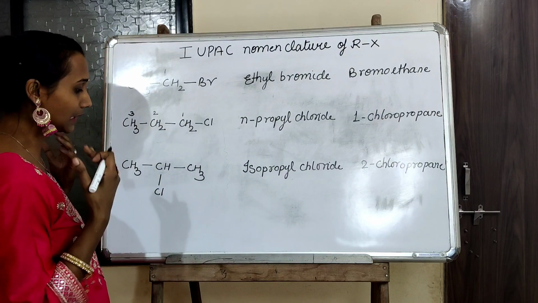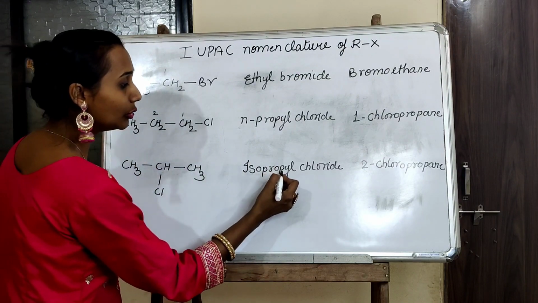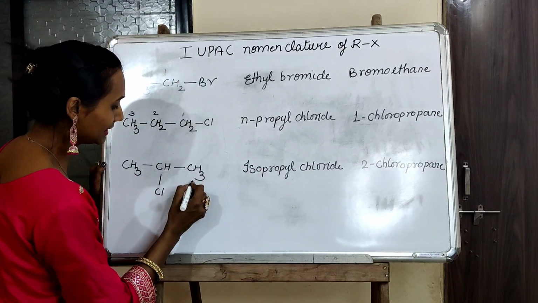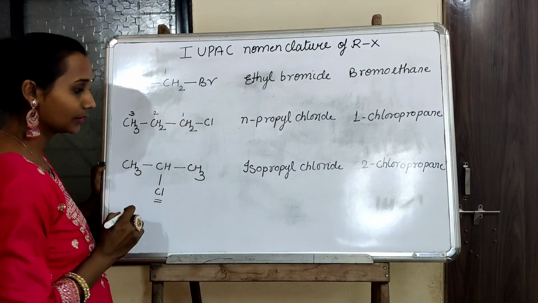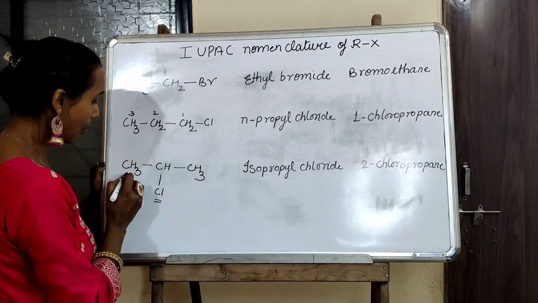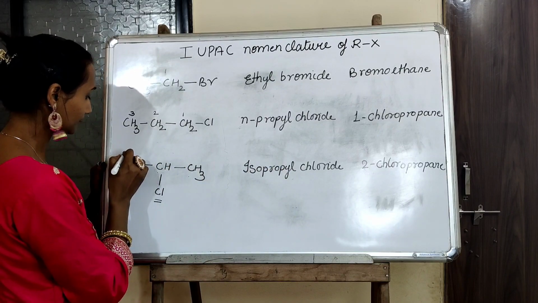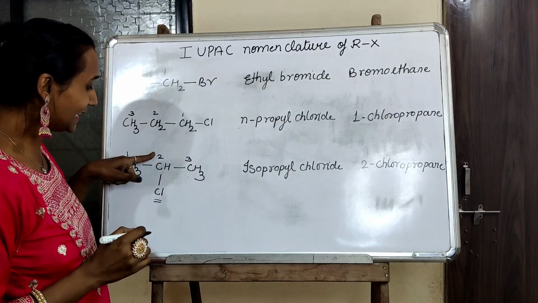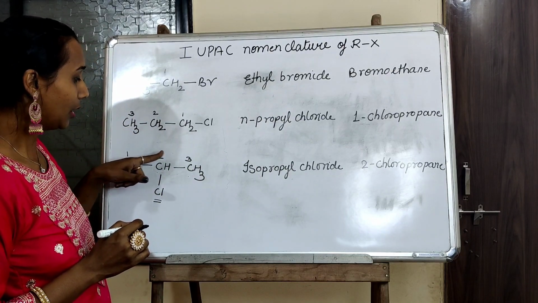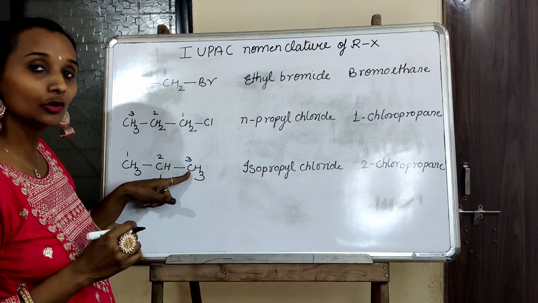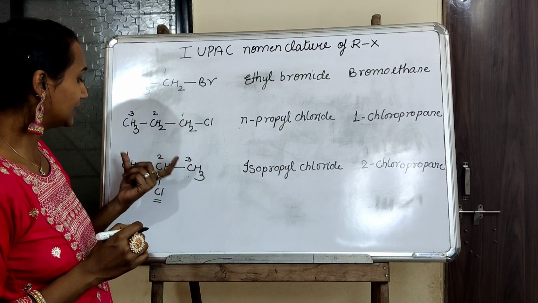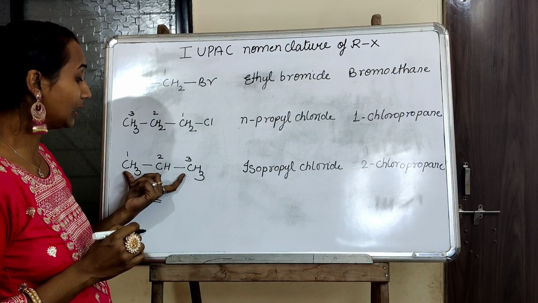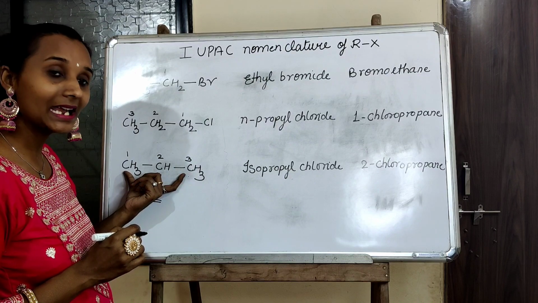Now, the next example is isopropyl chloride. You can see chloride, propyl, 1, 2, 3. Whenever the second carbon has one CH3 group, such a compound will fall under the category of iso.